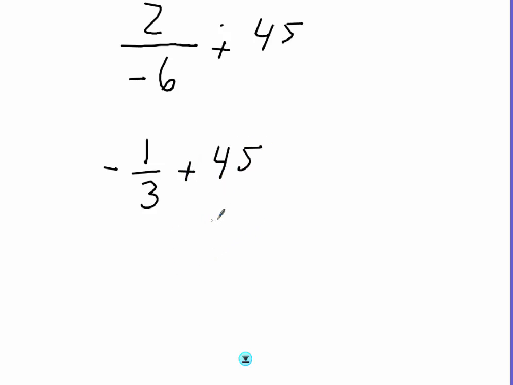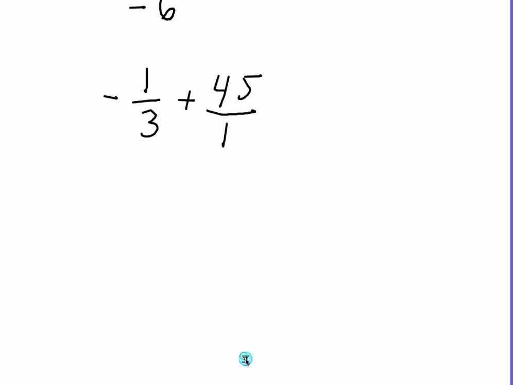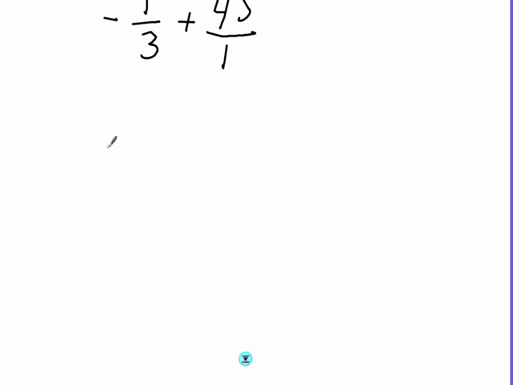Alright, now in order to combine these two numbers, this really is a 45 over 1. And we need our fractions to have a common denominator. So the common denominator here is going to be 3. So now it becomes negative 1/3 plus 45 times 3 is 135 over 3, which when you combine them, since the denominators are the same, you add the numerators.